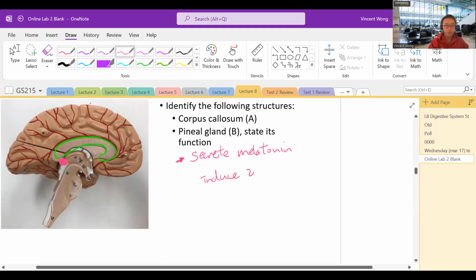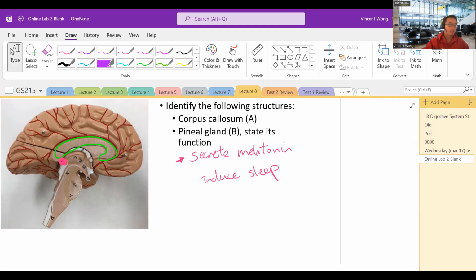That's right, induce sleep. Okay. Yeah, your pineal gland is sensitive to light. If it's low light, it will secrete melatonin, and it will put you to sleep. That's why when I teach at school, I keep all the lights on, even though it makes it harder to see the screen.